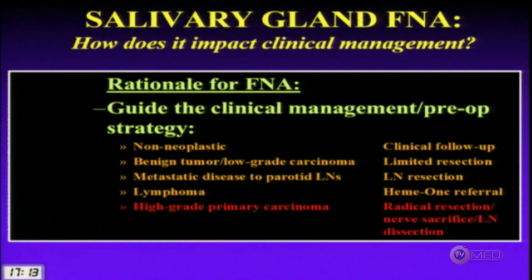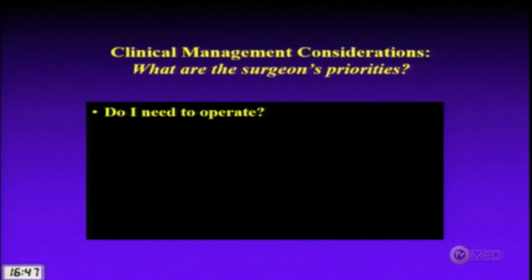Oftentimes it's going to lead to some kind of radical resection. Often the patient will have a neck dissection, and if the cancer is anywhere around one of the major nerves, especially in the parotid, it's going to be the facial nerve, there may be sacrifice of one of the branches or even of a major portion of the facial nerve. So this is how the FNA diagnosis is going to impact clinical management.